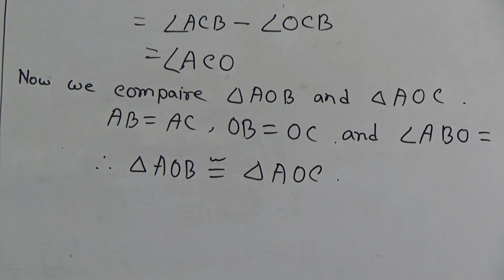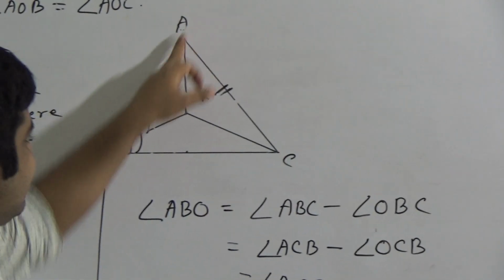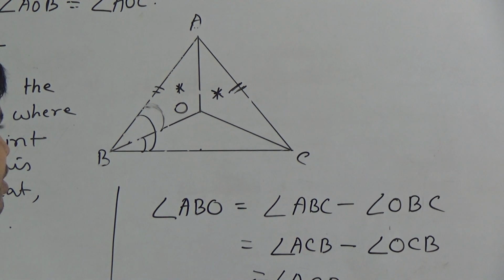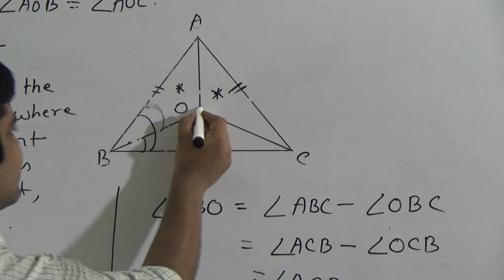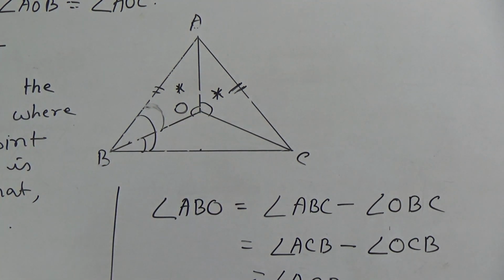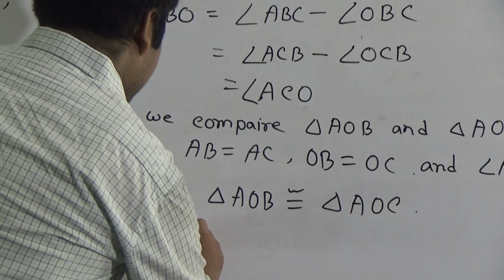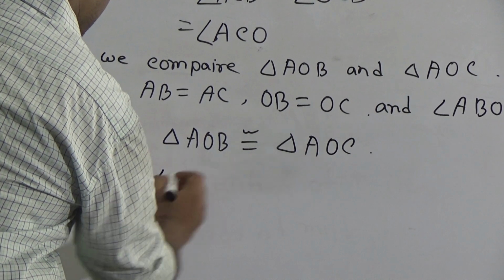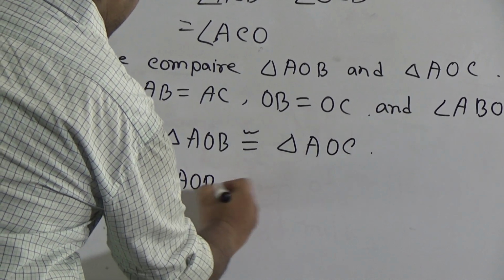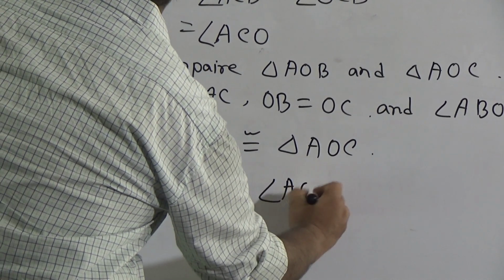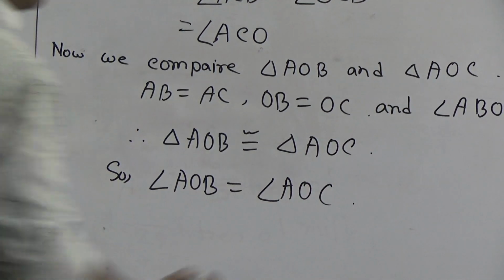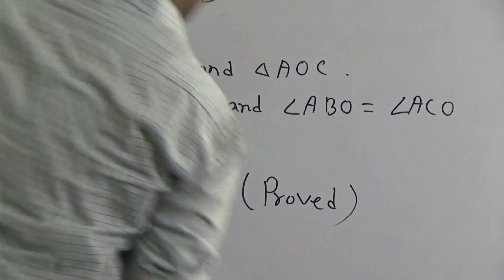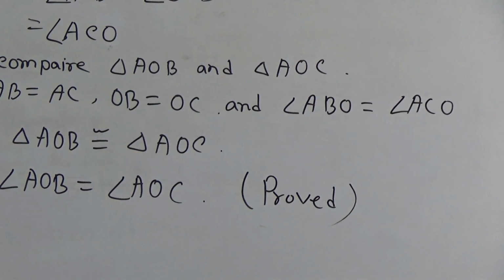As triangle AOB and triangle AOC are congruent, we can say these corresponding angles are equal. So angle AOB equal to angle AOC, and this is the proof of this problem. I hope you have understood.